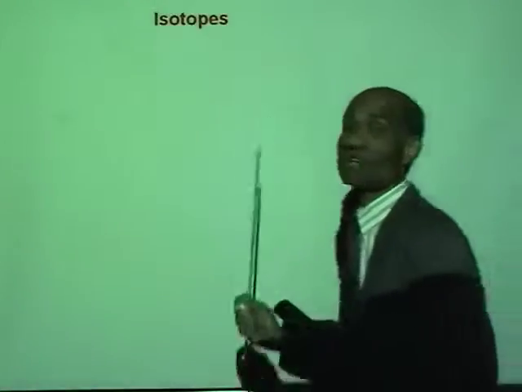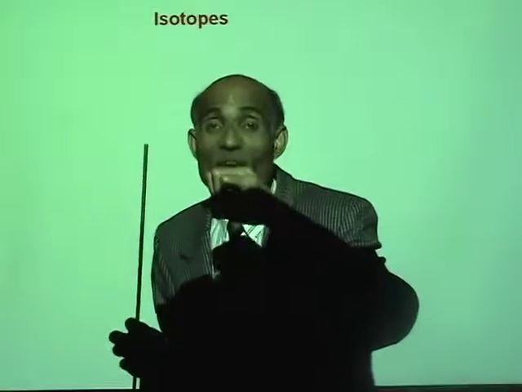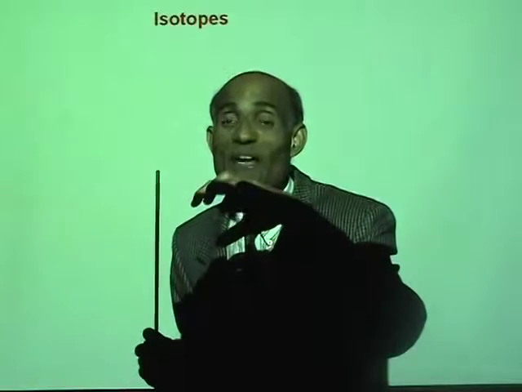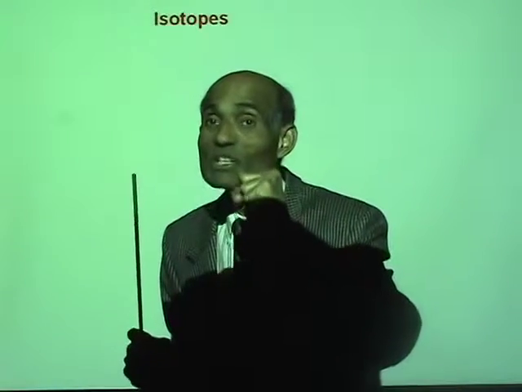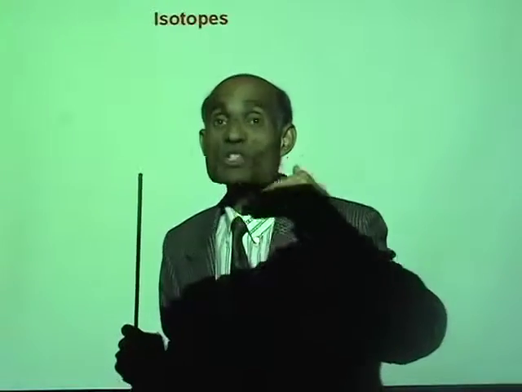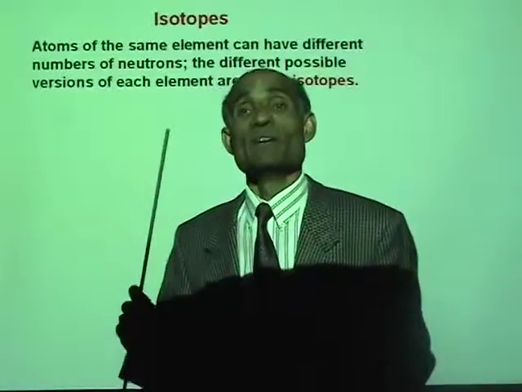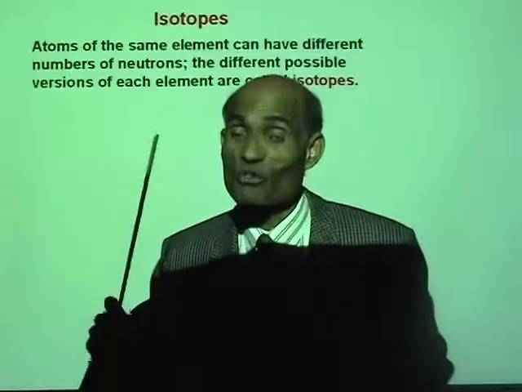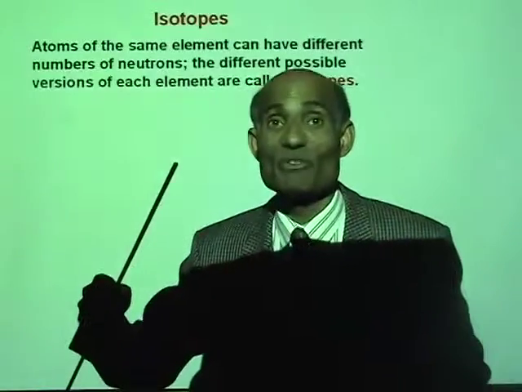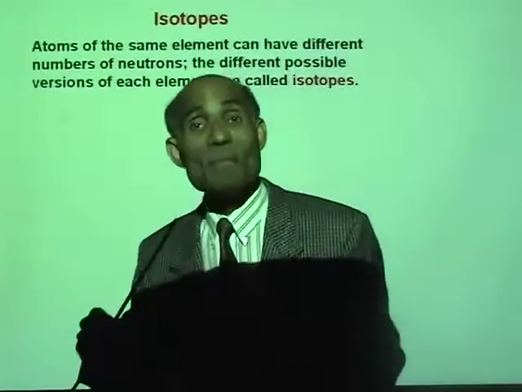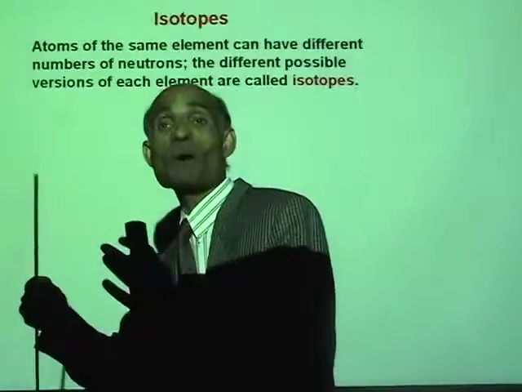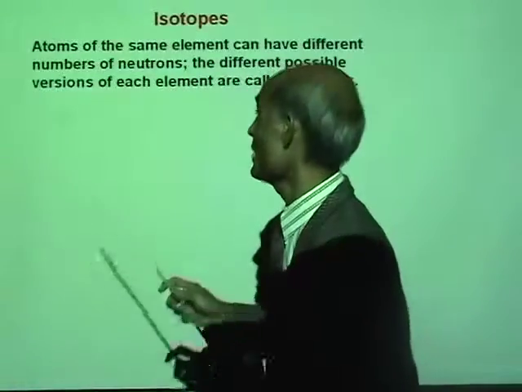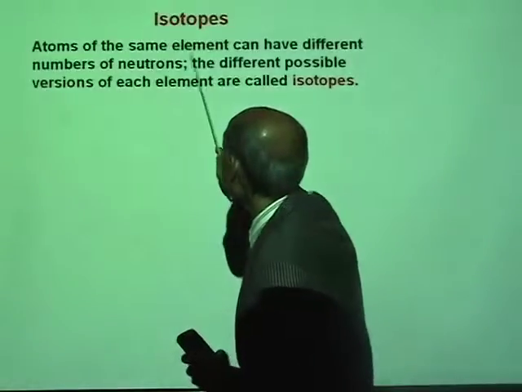Well, this is the time to look at isotopes. Now, the nucleus of an element can contain some protons and some neutrons. It is the number of protons that identifies the element. Now, there may be other forms of the same element, that is, atoms of the same element.